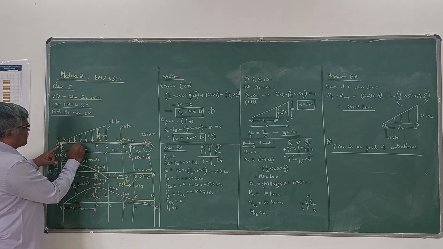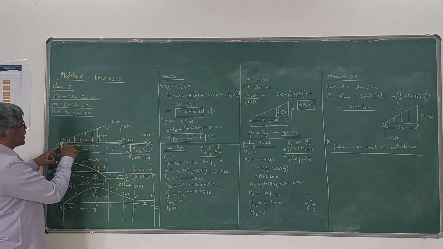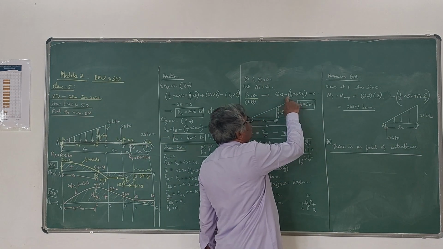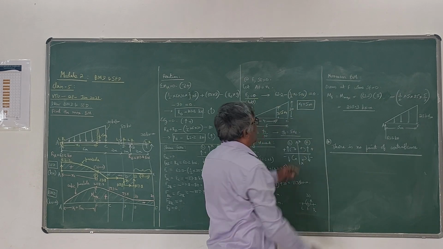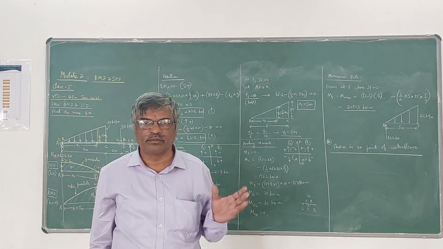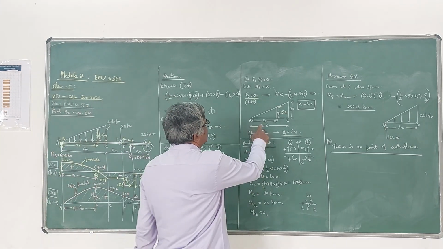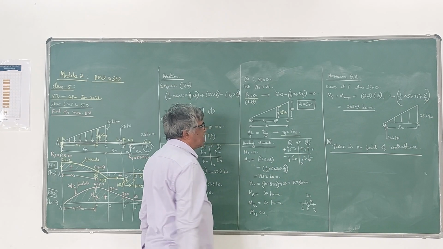Please note that this is x1. So 62.2 minus half into x1 into 5x1 should be equal to 0. If you solve this, you will get x1 as 4.99 something. You can take it as 5 meters. So if x1 is 5 meters, y1 will be 5 into 5, 25 kN per meter.